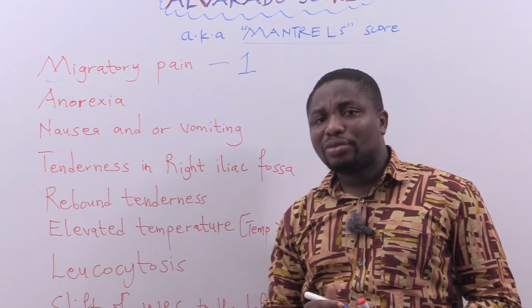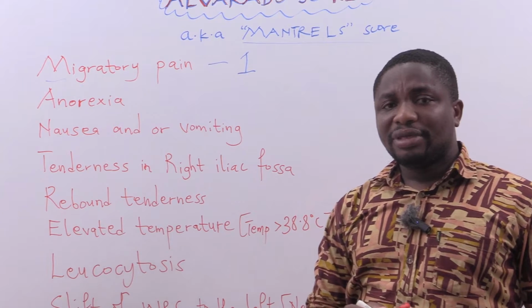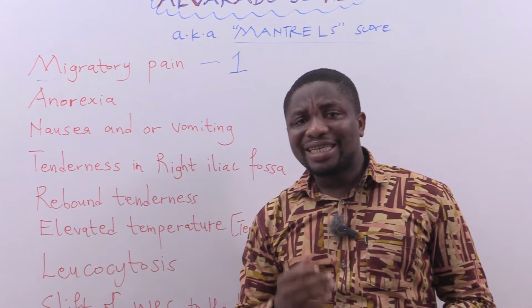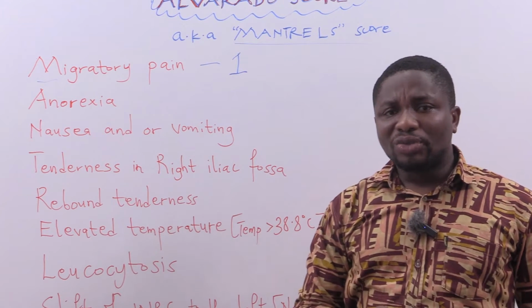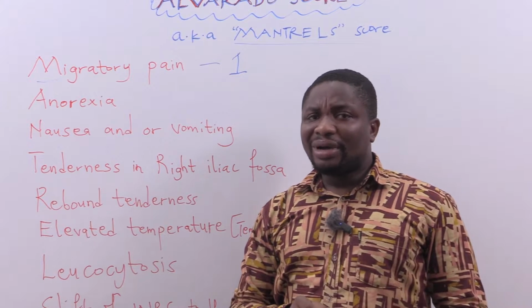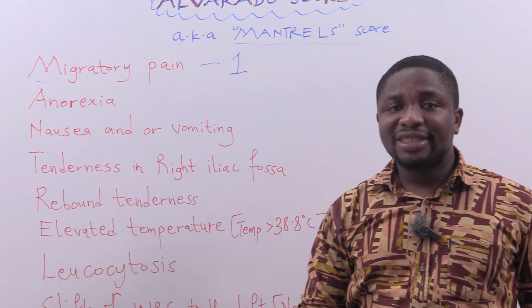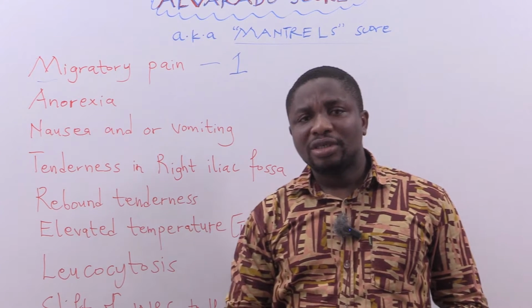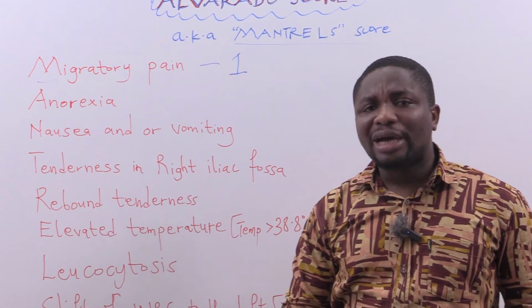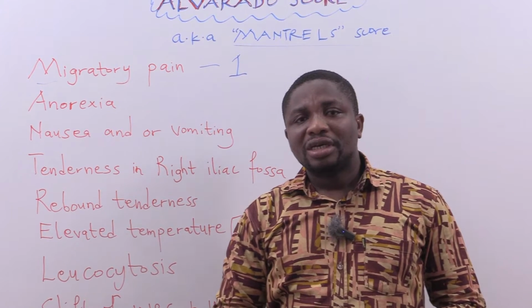Why does it have to start from the center of the abdomen? Because remember that the sympathetic nerve fibers that supply the appendix are derived from the 10th thoracic segment of the spinal cord, which corresponds to the umbilical dermatome.